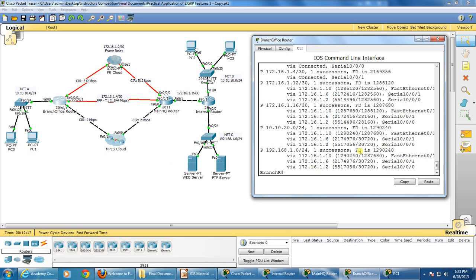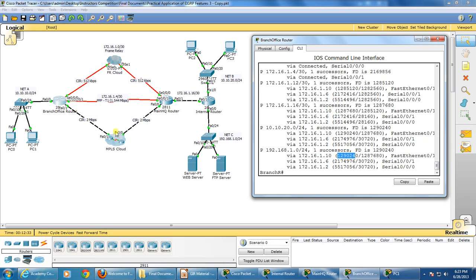But as you notice, our feasible distance is 1,290,240, which is actually the path going to our MPLS cloud.